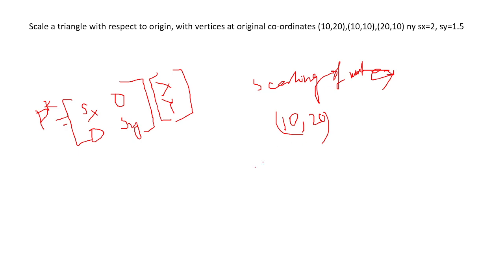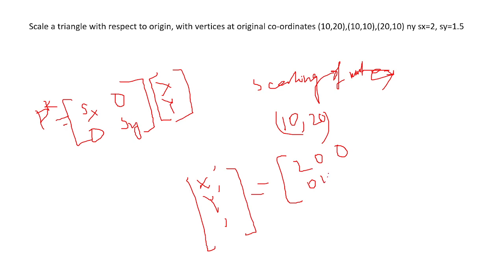That is 10 comma 20 is there, right? So x dash y dash will be Sx is given as 2, 0, 0, then 0, Sy is given as 1.5, then 0, 0, 0, 1, and x and y is 10 and 20.